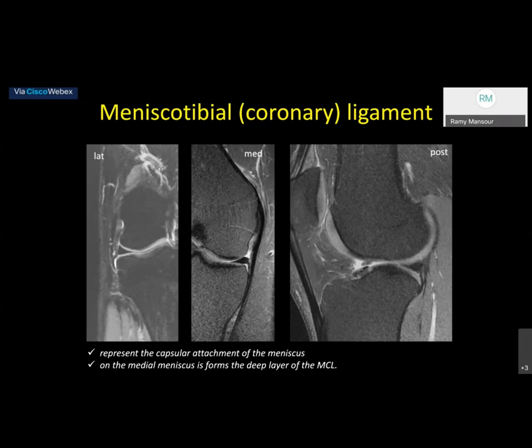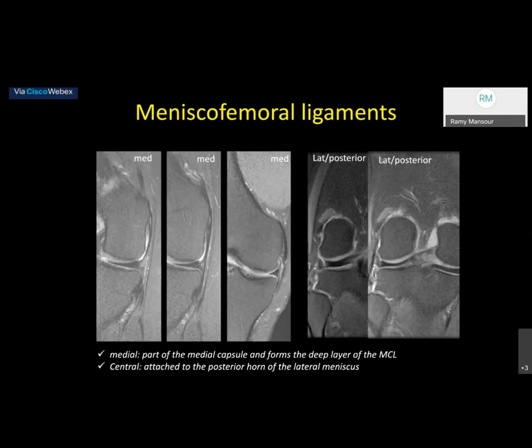Sometimes you struggle to see them. If there is some fluid in the knee, like in these examples, you will probably be able to see a normal meniscotibial ligament. It's very important to know that the meniscofemoral ligament medially, on the medial side of the knee, actually represents the deep part of the MCL. They have different attachments.